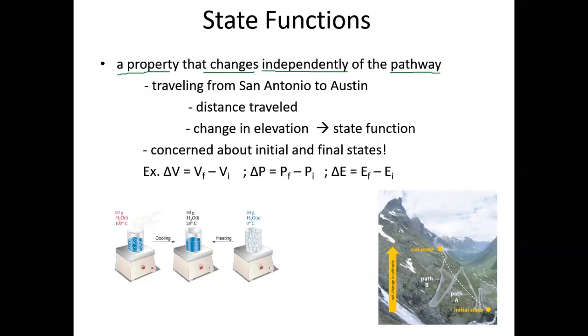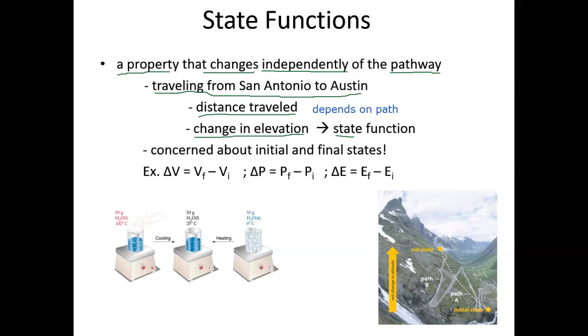For example, if we're traveling from San Antonio to Austin, the distance traveled could depend on the path. Maybe you take I-35 straight up, or you take 281 and some back roads. But the distance traveled depends on the path taken. The change in elevation only depends on the initial state, San Antonio, and the final state, Austin.